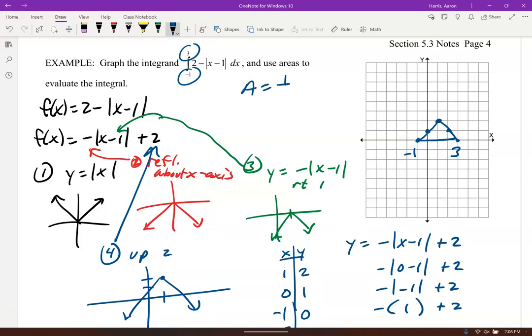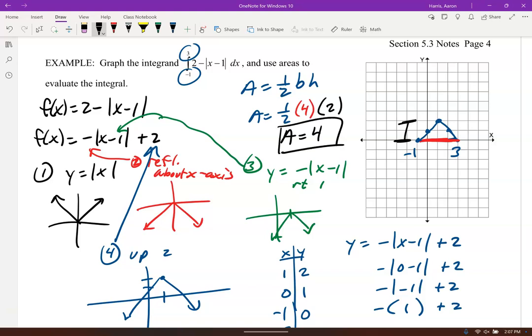So area is 1/2 base times height. Our base here in red, from -1 to 3, is a distance of 4. And our height is 2. So this area just ends up being 8/2, 4 square units there.